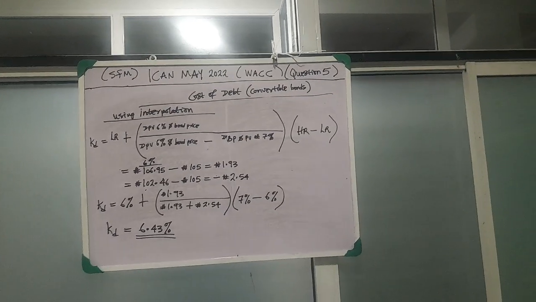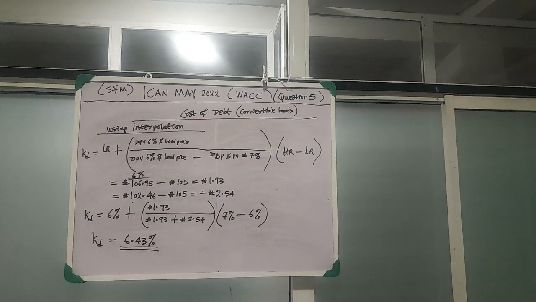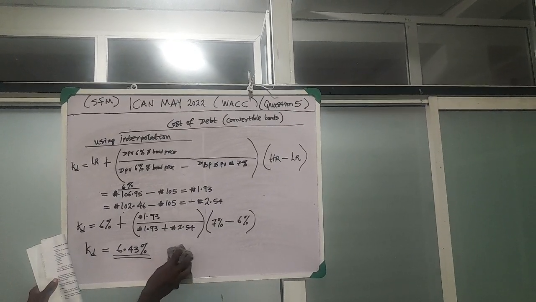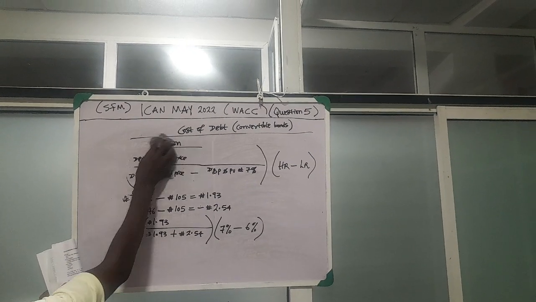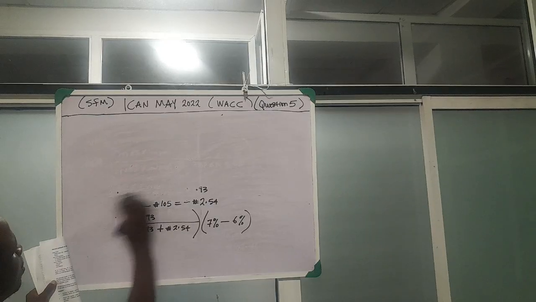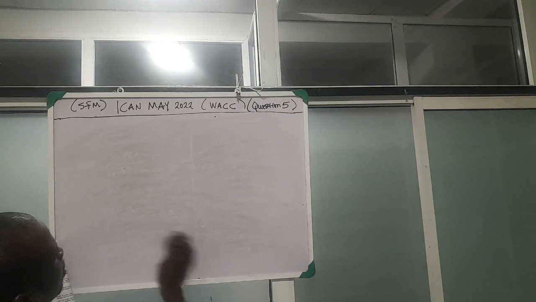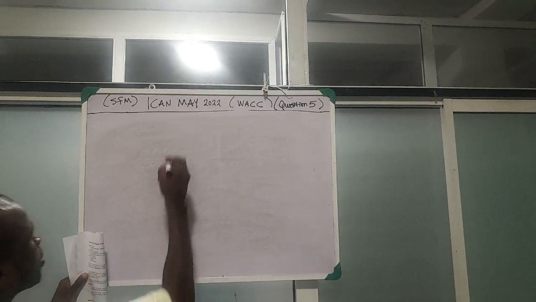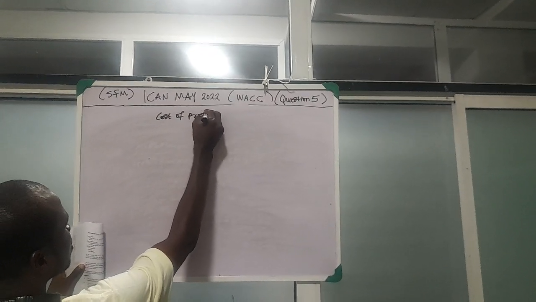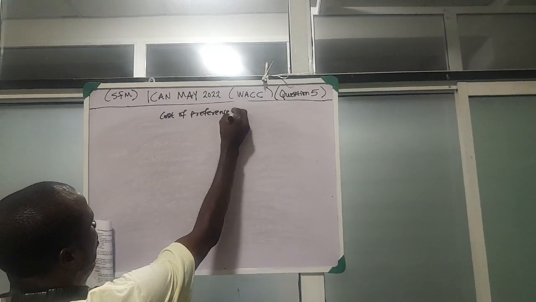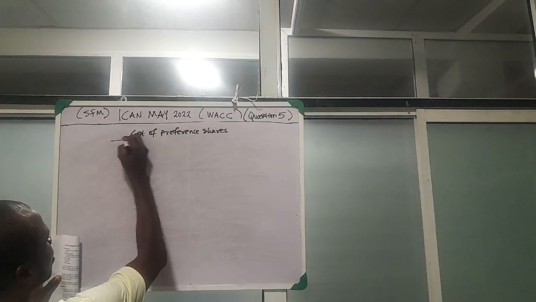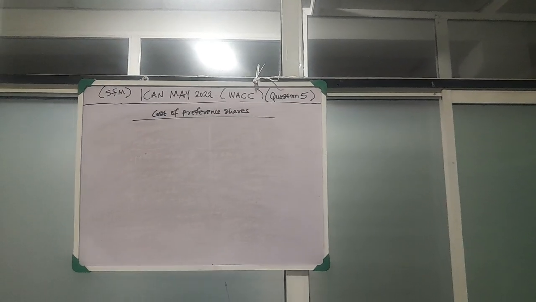We can do the cost of preference shares, then the weighted average cost of capital, and that will be for the B part of the question. So, cost of preference shares.